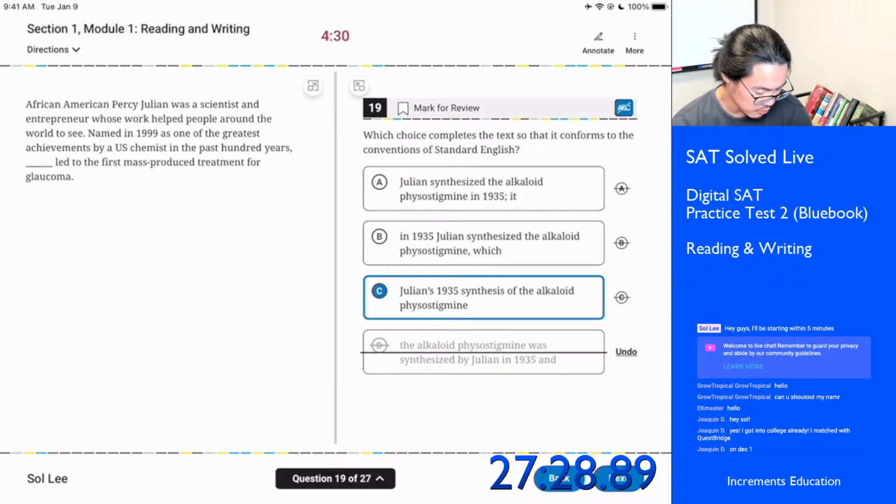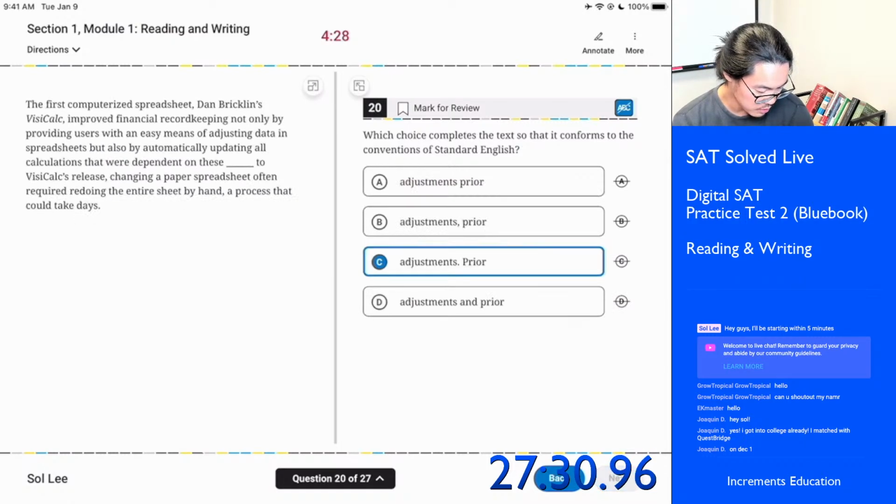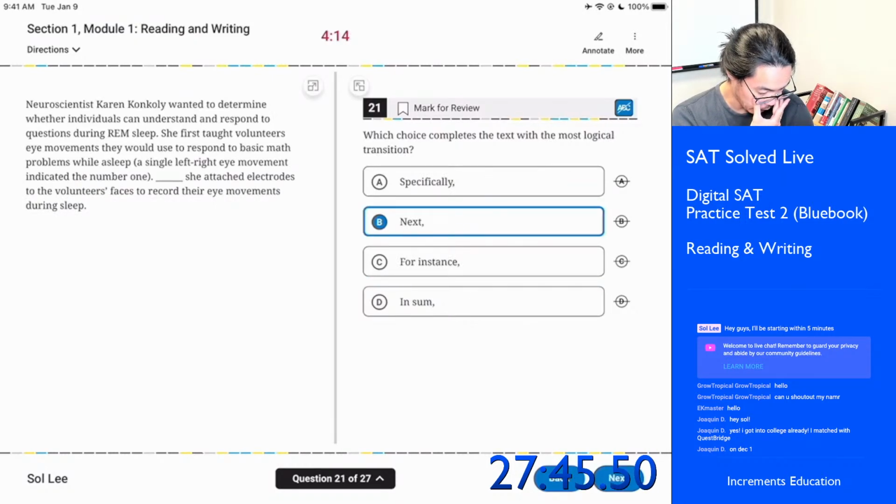This synthesis led to, yes, that's correct. With the easy means of updating data, but also updating all calculations that depend on these adjustments prior to the release, you would have to redo the entire sheet by hand. Neuroscientists want to determine this. First, taught volunteers to do this, and then next, she attached the electrodes. Yep.